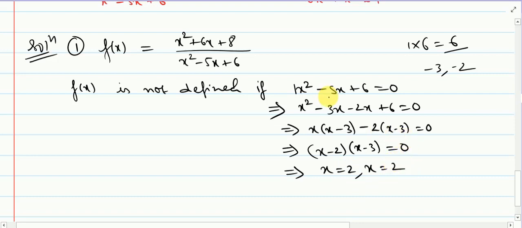So this quadratic expression will be 0 if x is 2 or x is 3. So x equal to 2 and 3, these are the points of discontinuity. At these 2 points this function is not defined, therefore these are the points of discontinuity.